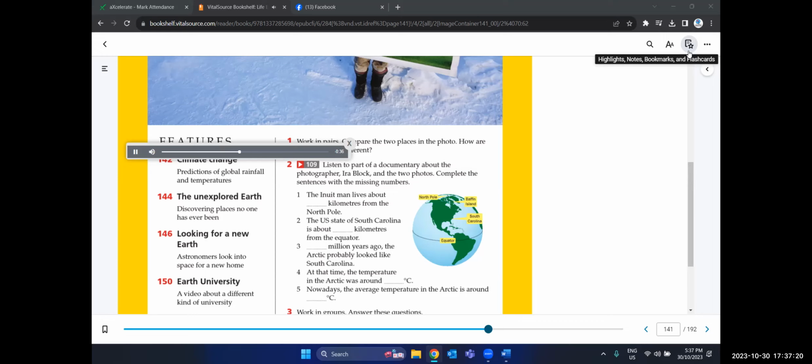Ira took this second photo in the US state of South Carolina, which is about 2,500 kilometers from the equator. Ira took the two photos because about 56 million years ago, the Arctic probably looked like South Carolina today. At that time, the temperature in the Arctic was around 25 degrees Celsius. Nowadays, the average temperature in the Arctic is around minus 10 degrees.